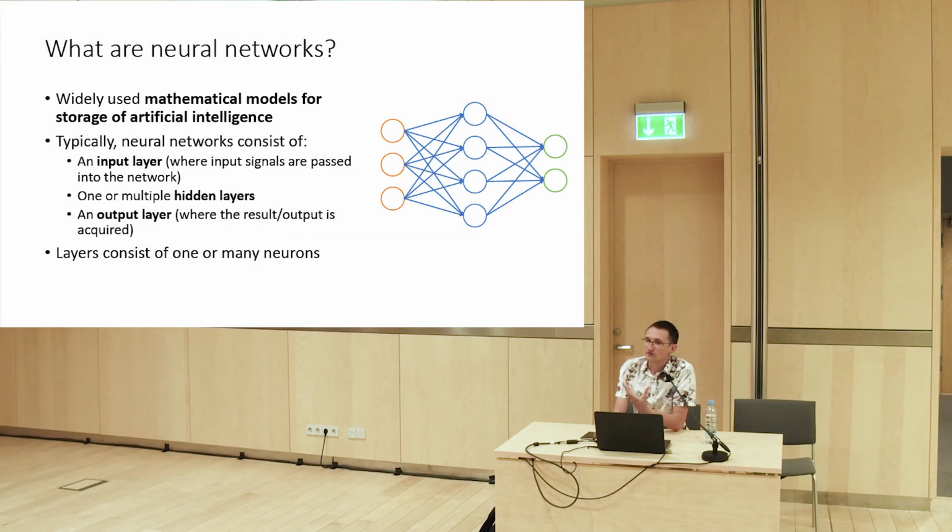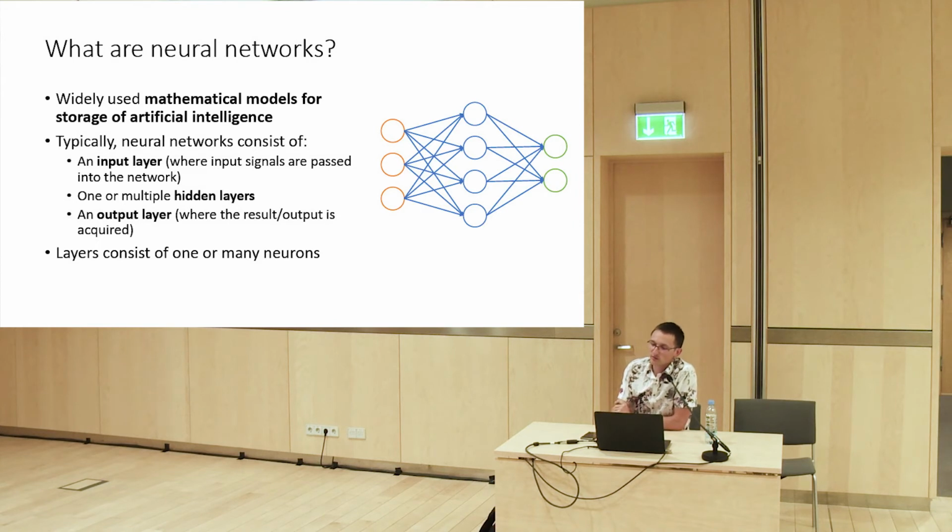So what are neural networks? I'm not sure what you have heard, but neural networks are mathematical models that allow to store artificial intelligence. Here you see an example of how a neural network might look like. There's an input layer where the neural network receives input signals. There is a hidden layer or multiple hidden layers, and an output layer where, when the signal is passed through the neural network, it produces some output.